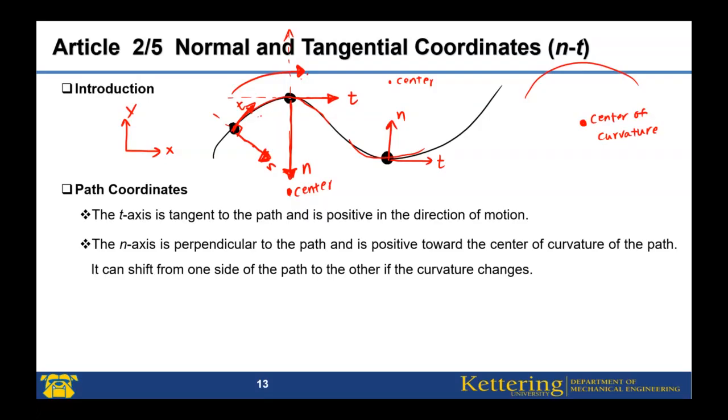It means that the tangential axis at this point is toward the right, at this point it is in this direction, and at this point it is in this direction. The axes change during the time, and it depends on the position. As I mentioned, for example, the normal axis just shifts from one side to the other if the curvature changes.